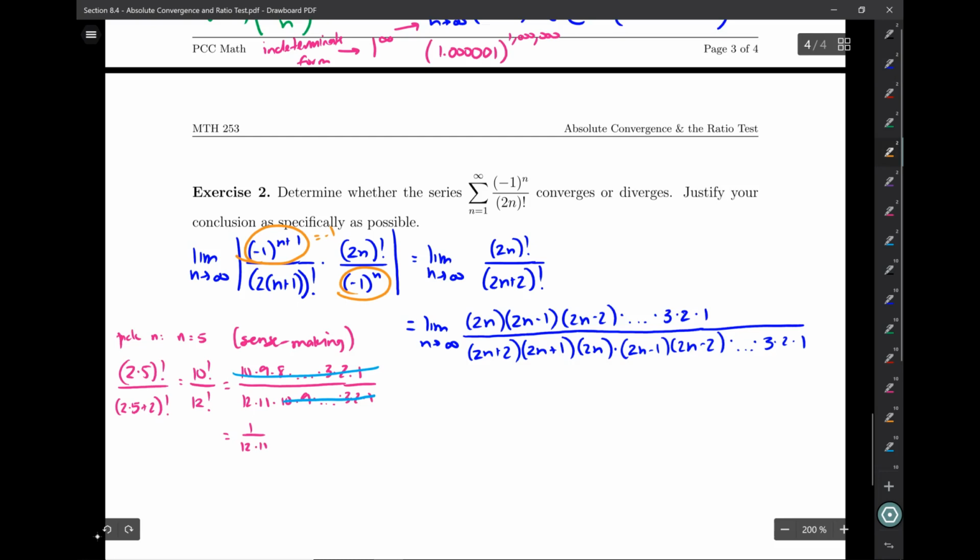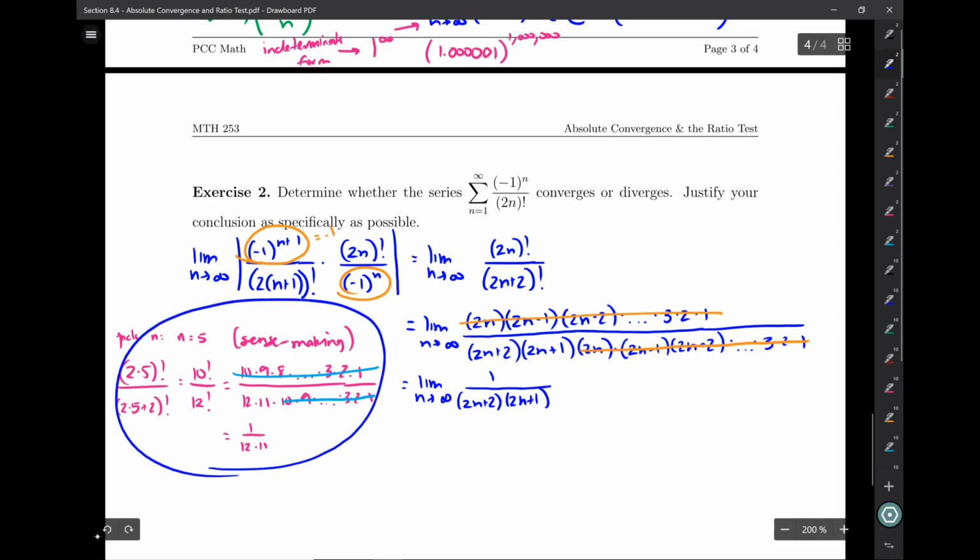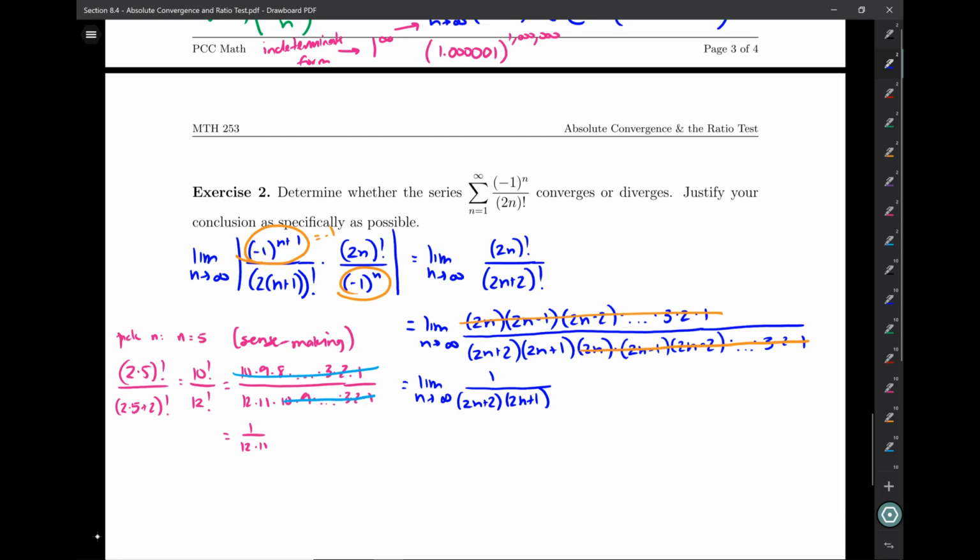I see we've got 2n factorial here, and then 2n factorial here, and so what we'll end up being left with is 1 over 2n plus 2 times 2n plus 1. And notice that that is consistent with how we simplified when n is 5 also. So again, if you want to make sense of it, pick some number for n and see what ends up happening.